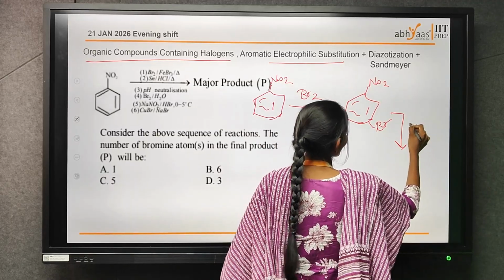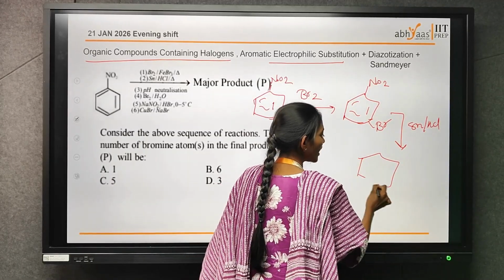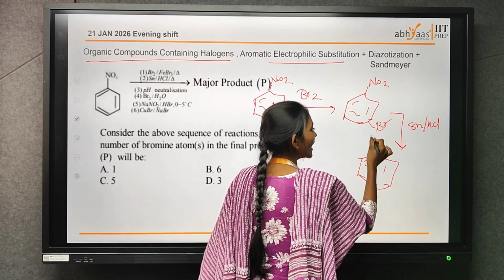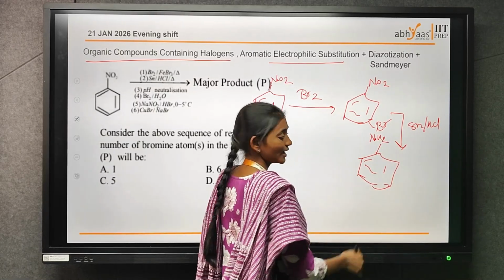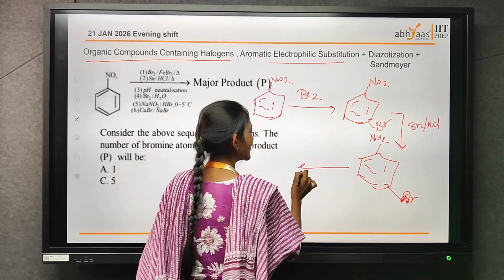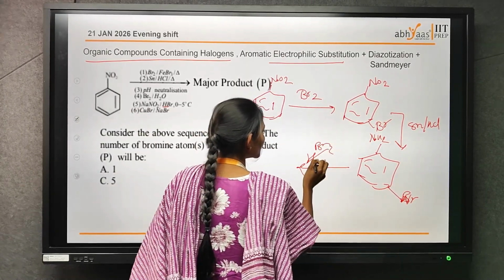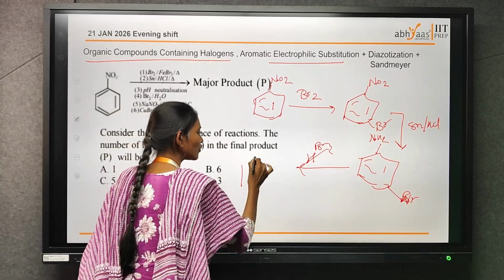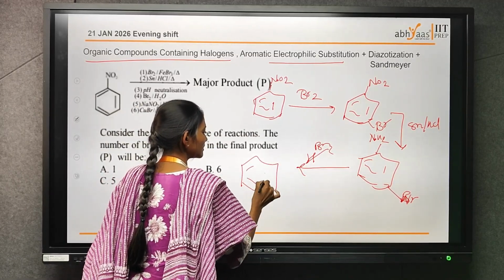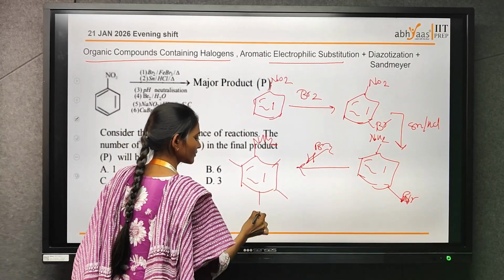And upon again, reduction with Sn/HCl, so nitro is converting into amine, right? So NH2, and here the bromine remains as it is. And upon again bromination with Br2, you are getting 2,4,6 bromine with NH2, right?